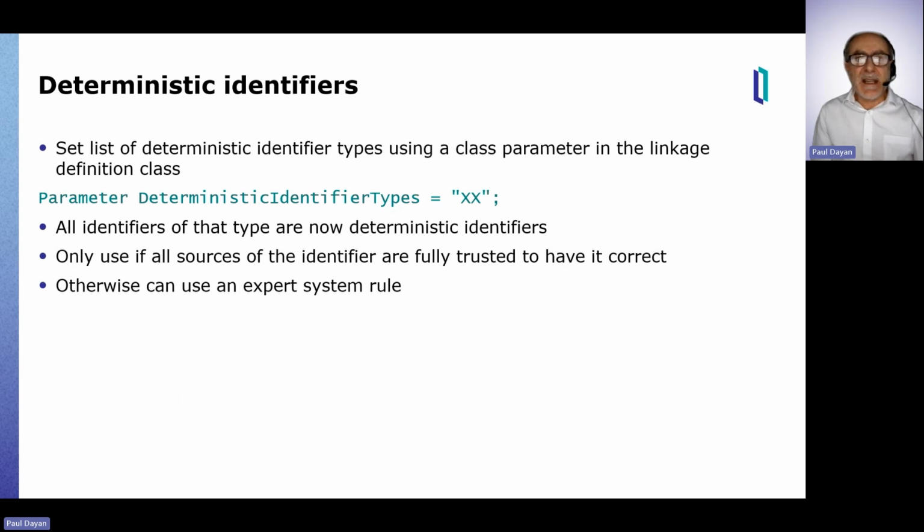Then you must edit the linkage definition class in Visual Studio Code or InterSystems Studio and add a class parameter named deterministic identifier types that is a comma-separated list of the identifier types to use as deterministic identifiers. Again, you would only use this if you are confident that all the source systems that have this identifier are fully trusted to have it correct. Otherwise, you can code an expert system rule to do the same job, but with more flexibility.